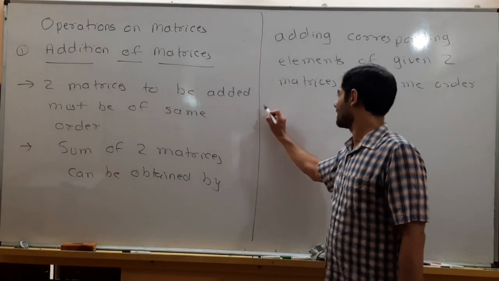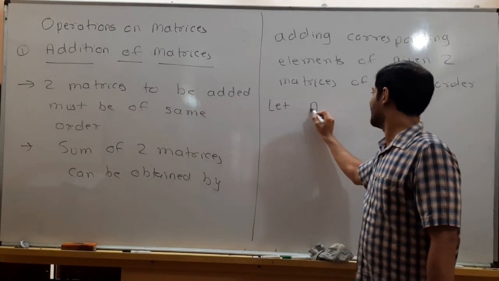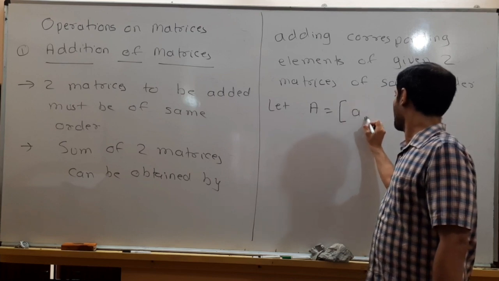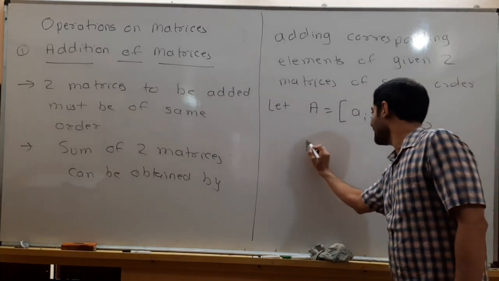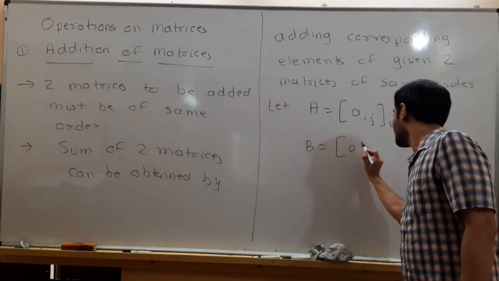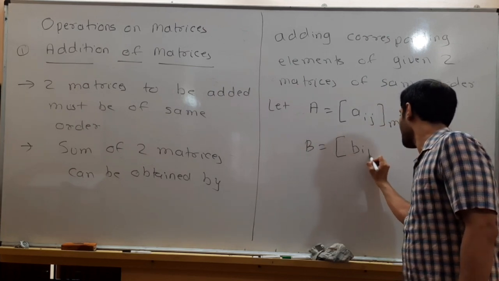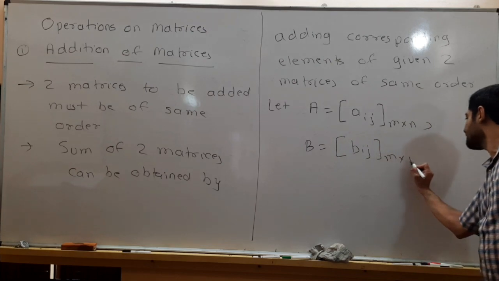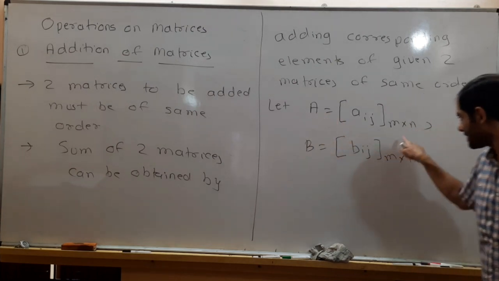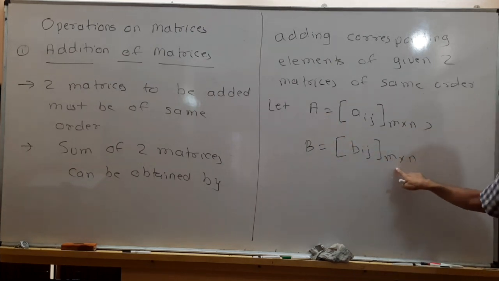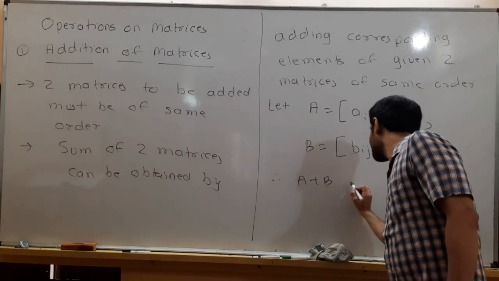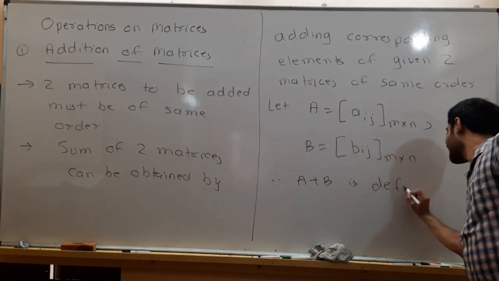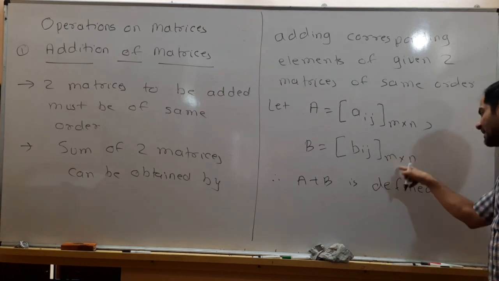Let A is equal to Aij of the order n cross n, and B is Bij of the order n cross n. Both the matrices are of the same order, n cross n. So A plus B is defined, because they have the same order.